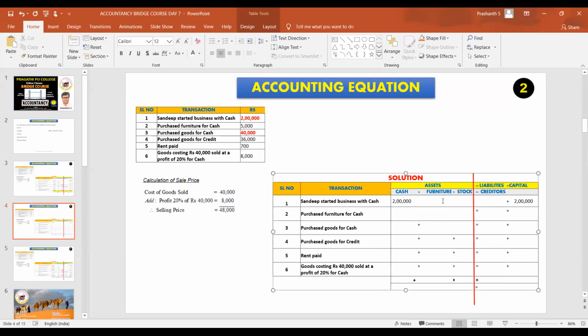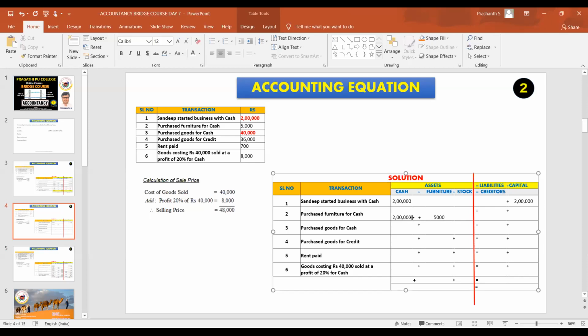Is anything there here? No, nothing, right? Come to the second. What do I need to type here? Purchased furniture for cash. 2 lakhs, same thing, we'll bring it down. Minus 5,000, plus 5,000 furniture. Furniture should be 5,000, minus 5,000 under cash.